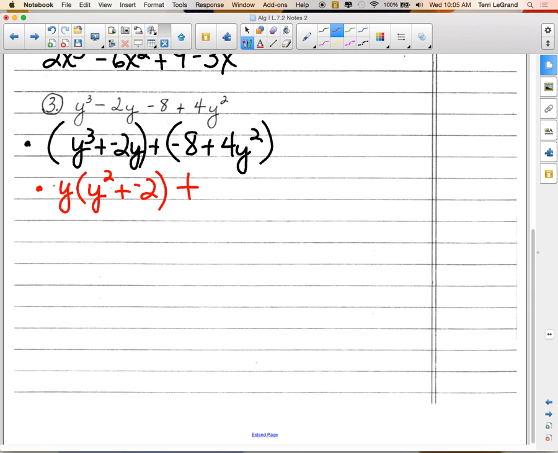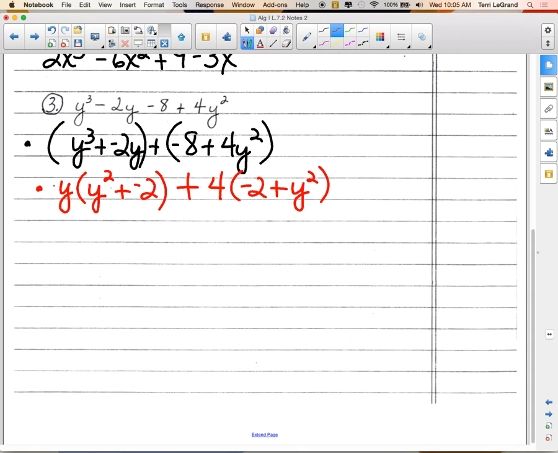Okay, so now what's the GCF of the second group? 4. Okay. What's negative 8 divided by 4? Negative 2. 4y squared divided by 4? Y squared. Do we like it? Yes.